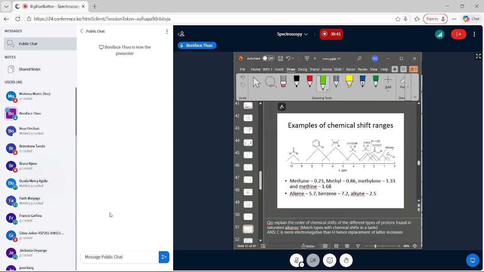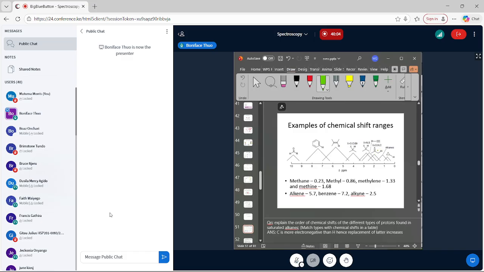So in the lower chemical shifts, we have the alkanes, where there is complete saturation. When electronegative groups are introduced, then the chemical shift moves to higher values, inductive effects.